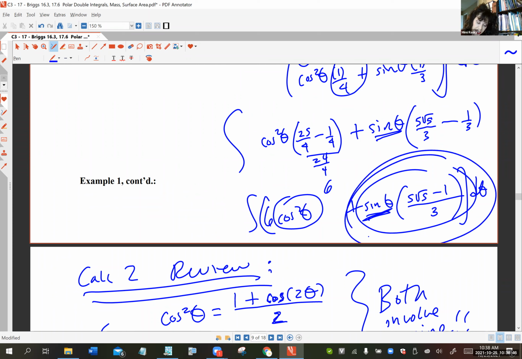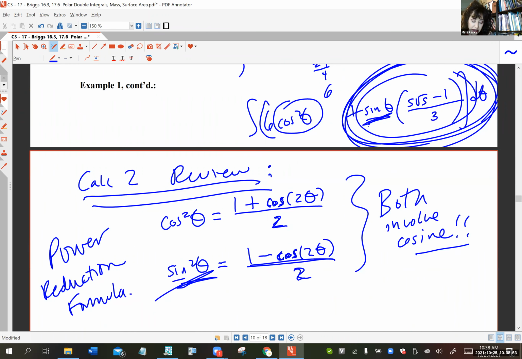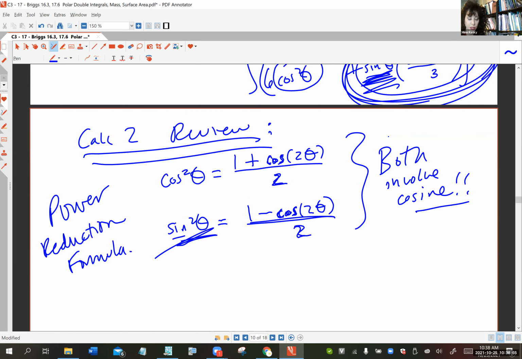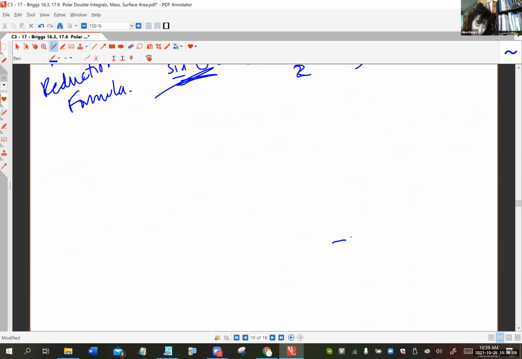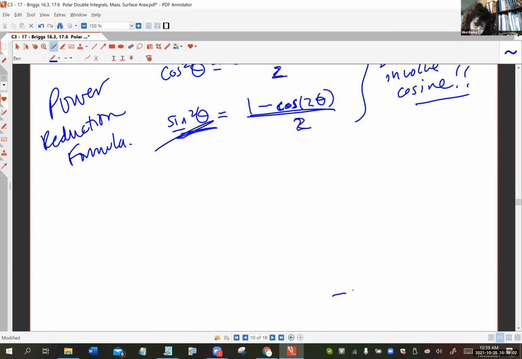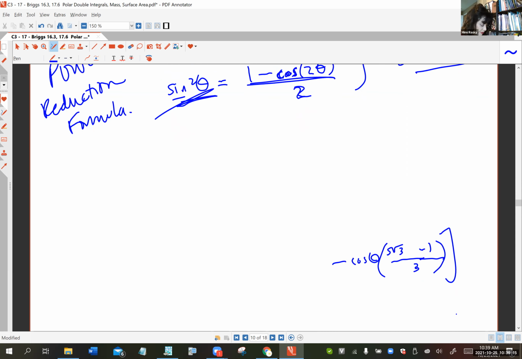So let's actually integrate this term first, since it doesn't have any need for a power reduction formula, and everybody knows what the antiderivative of sine is, right? Well, I hope we do. It's minus cos, okay? And then you're going to have that weird constant go along for the ride, and you're going to, of course, evaluate this between 0 and 2 pi.